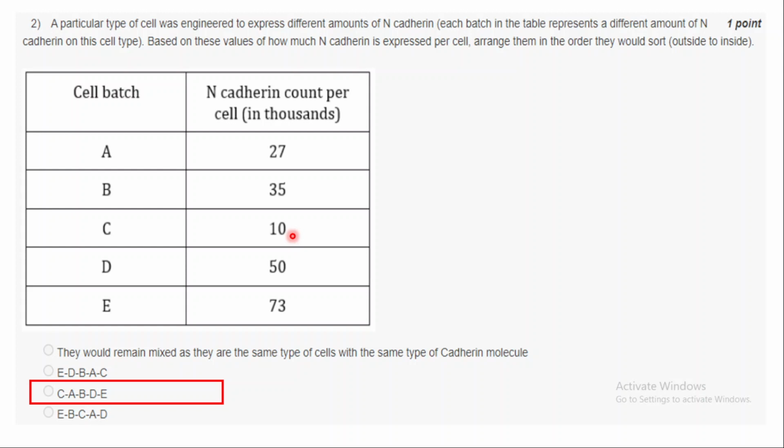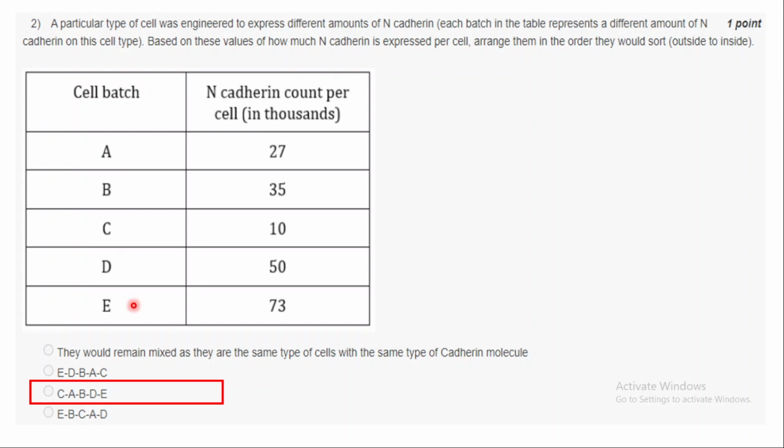So it can form 10 adherens junctions, let's say, in one-to-one interaction. Similarly, A has 27, B has 35, D 50 and E 73. So layer C will form the weakest adherens junction, and layer E will form the strongest. The capacity of a single adherens junction won't differ from A to B to C to D, because all these cells are of a similar type.